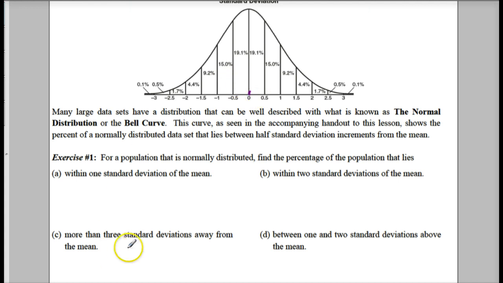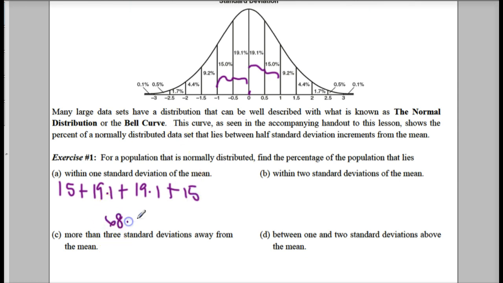One standard deviation can be below, from -1 to 0, or above, from 0 to +1. So for below, it will be 15 plus 19.1 plus 19.1 plus 15, which gives us a total of 68.2%.